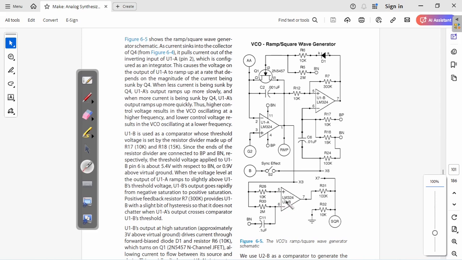So this is your op amp, and so on the non-inverting input, you have a R26 at 10K, and on the inverting input, you have a resistor and a capacitor connected to ground. So this here is a passive low-pass filter, and basically a passive low-pass filter is a poor man's integrator, but it's also a way to average a signal.